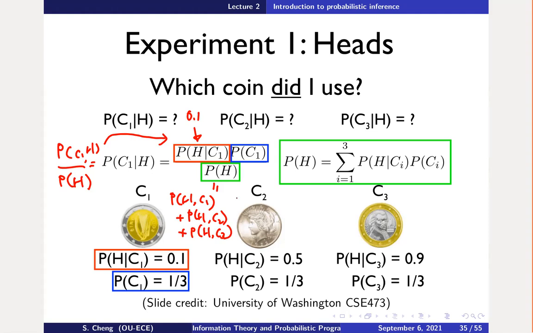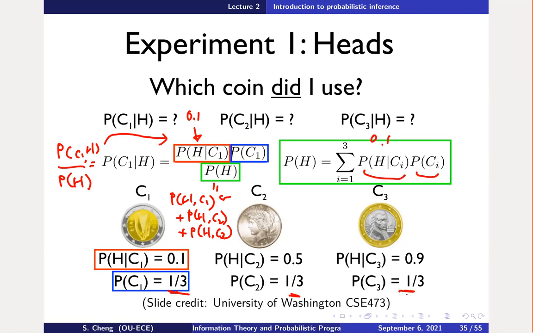And then we do Bayes rule again. Each of these terms becomes P(H given Ci) times P(Ci). Of course, I know this, for example P(H given C1) is 0.1 here. And for this P(C1), if we assume we are doing maximum likelihood, we don't know which coin is more likely, so all of them will be 1/3. So you see that this is 1/3 here, 1/3 here, 1/3 here.